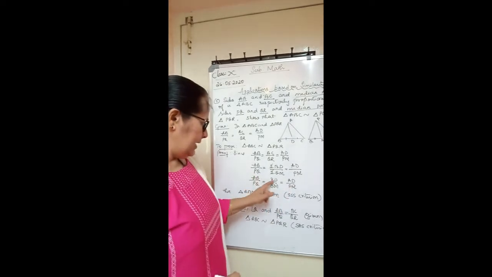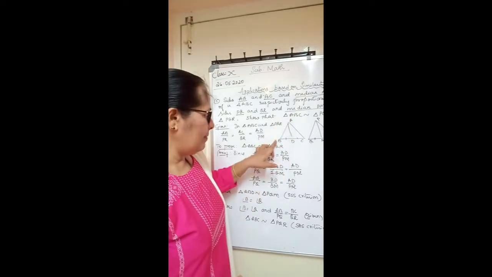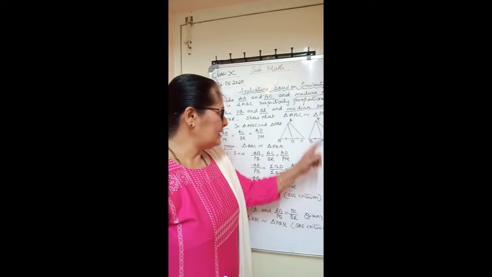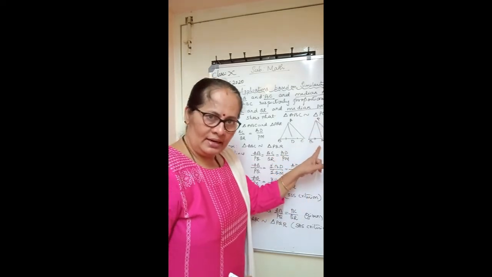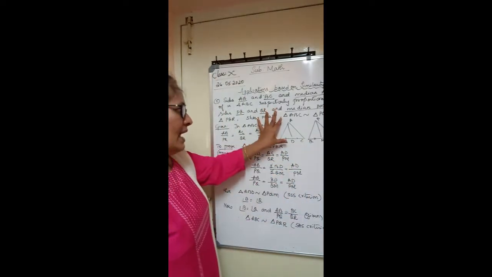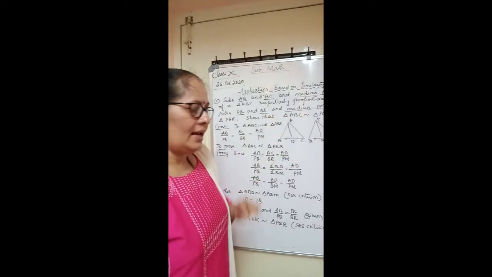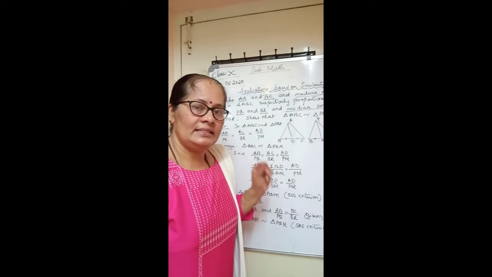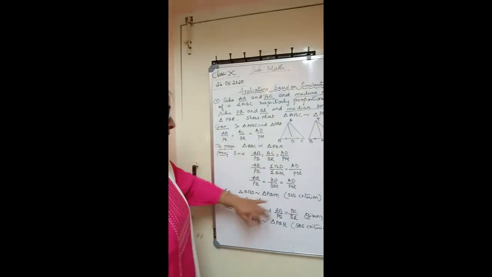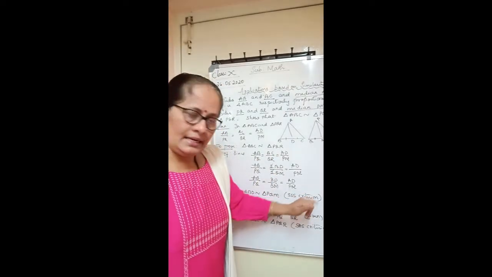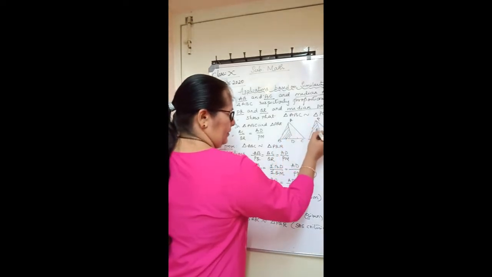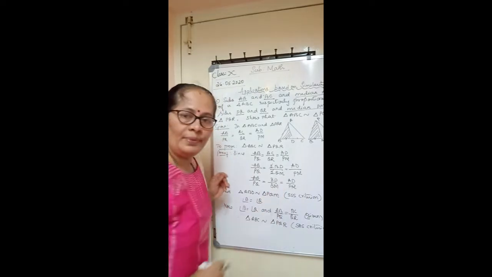These three are the sides of triangle ABD, and PQ, QM and PM are the sides of triangle PQM. So triangle ABD is similar to triangle PQM. Which criterion? SSS criterion. So by SSS criterion, these two triangles are similar. So ABD is similar to PQM.